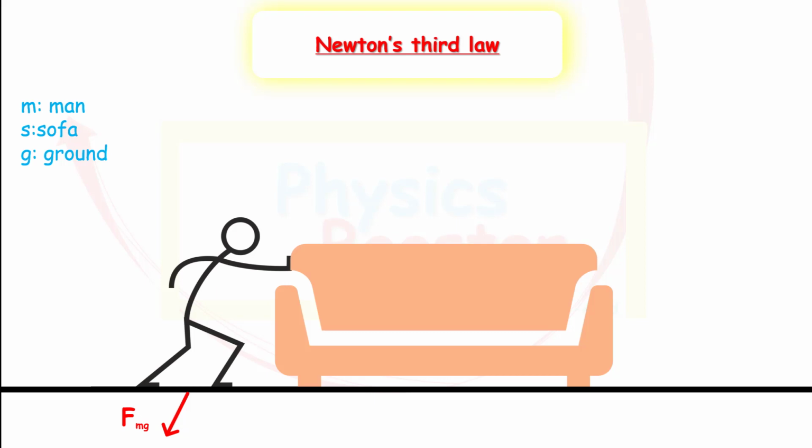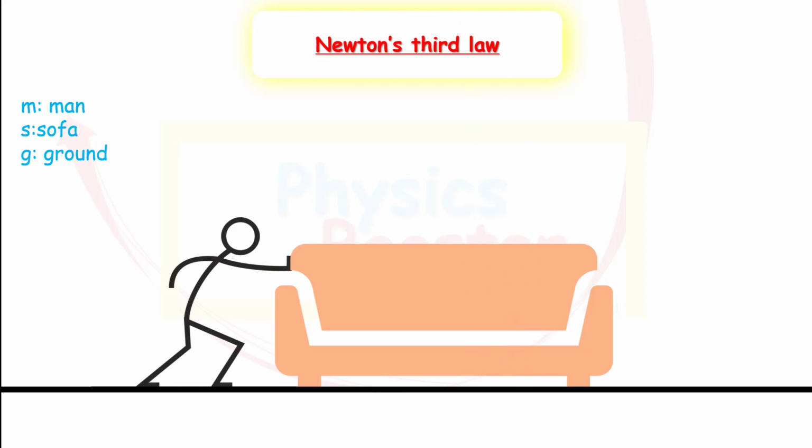As a result, we know that the ground will push back in the opposite direction with a force, and let's call it FGM because the ground is pushing the man with a force that's equal in magnitude but opposite in direction. Another example, for the same image right here, we can see that the sofa is pushing towards the ground because it has a weight, and the ground is pushing in the opposite direction with a force, and let's call it FGS, from the ground to the sofa.